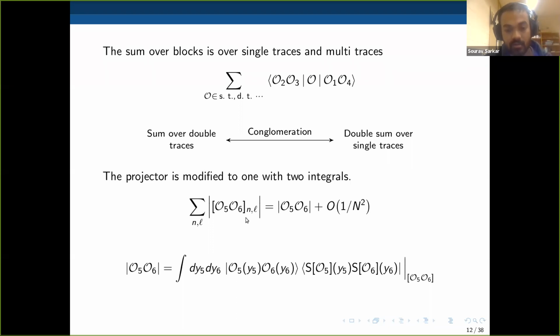So instead of having the sum of these projectors over this particular family of double trace operators, we replace it with one single projector which has two integrals instead of one, and we have a double sum over the single trace operators. This holds at leading order in 1 over N.